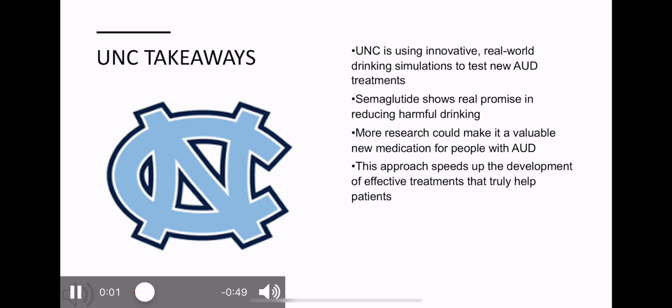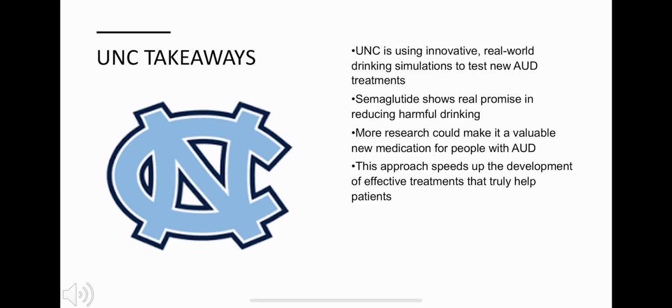So to wrap everything up, it's very important to take away from this that UNC is using innovative, real-world drinking simulations to test new ways of treating alcohol use disorder. This method of research is very important and could be monumental for people with alcohol use or even substance use disorders. The results show that semaglutide has real potential to reduce harmful drinking, and with more research, it could one day become a new, important treatment option for people struggling with AUD.